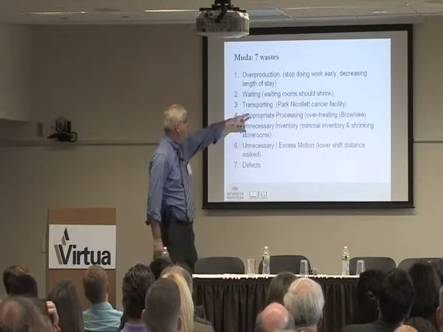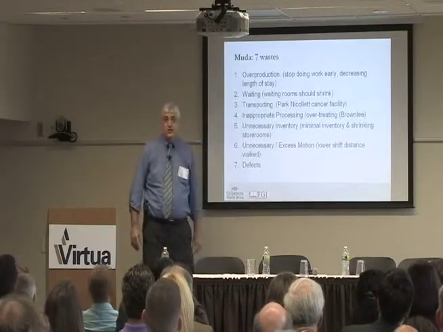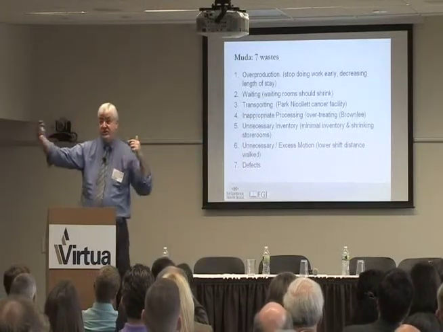And so anywhere we see those in an organization, we ought to get rid of them if we possibly can. On transporting, Park Nicollet Hospital has a cancer facility where everything comes to the patient. And they're quite proud of it. It works very nicely. And that was part of their lean efforts.